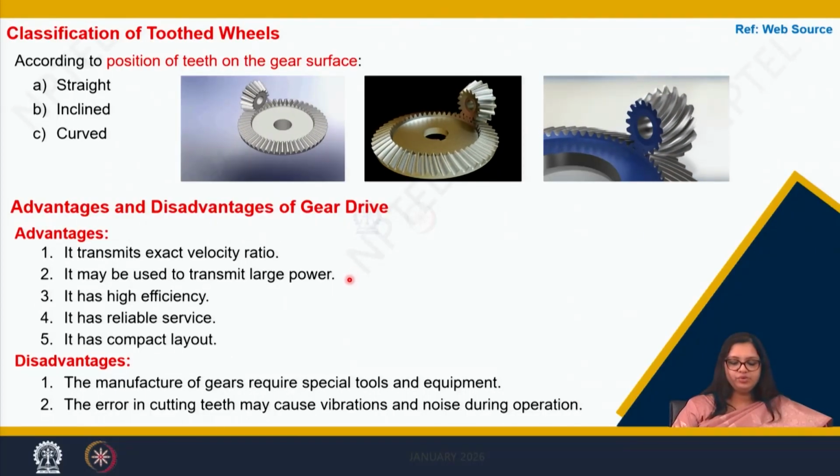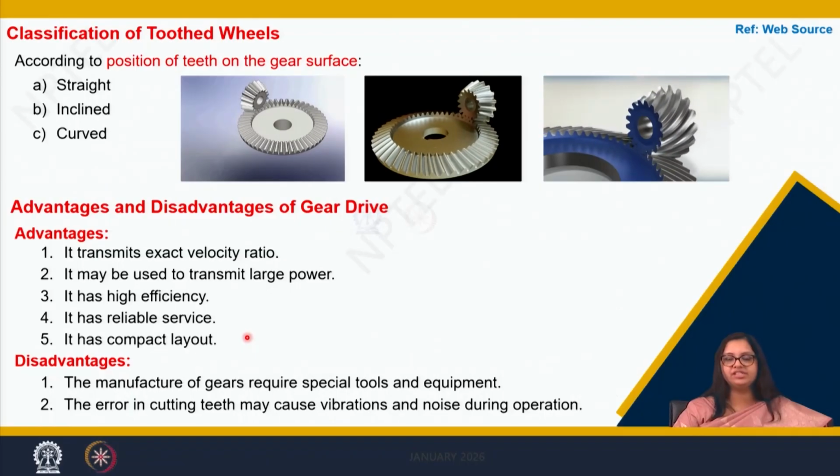It may be used to transmit large power, which may not be possible in other configurations where there is a possibility of slippage. It has high efficiency, reliable service, and a compact layout. In a belt drive there is a possibility of slippage; however, that is the advantage of a gear drive. It gives us a 100% positive drive.